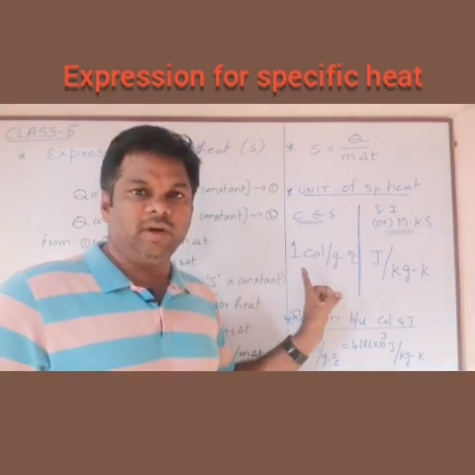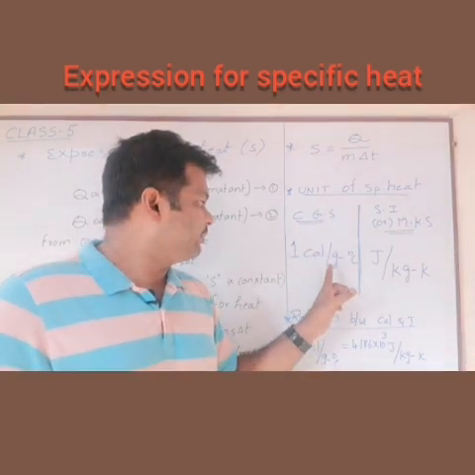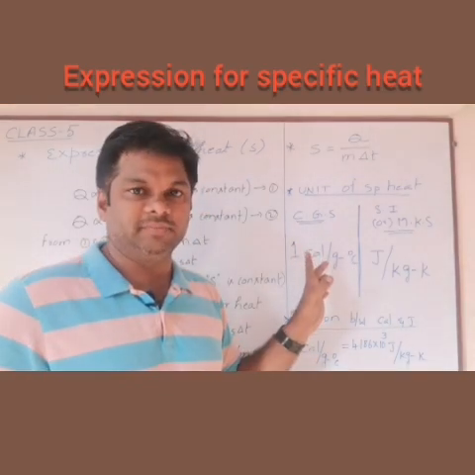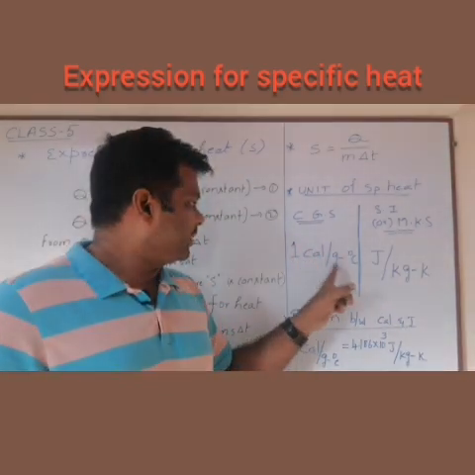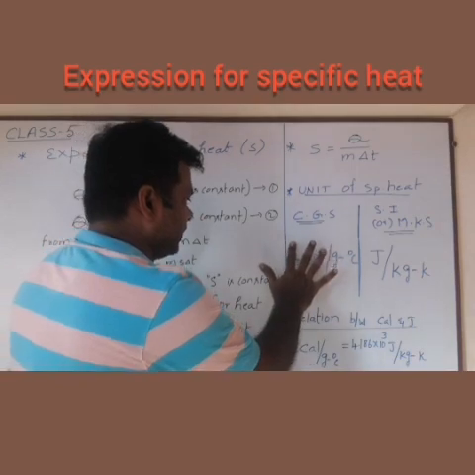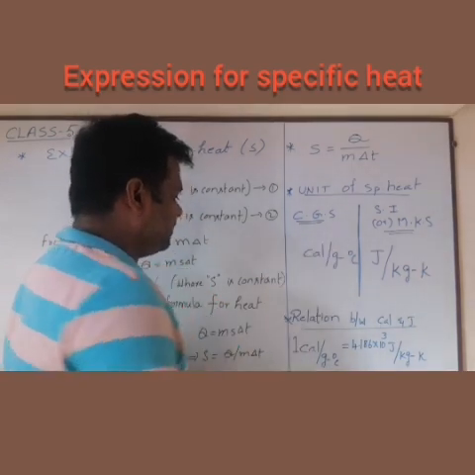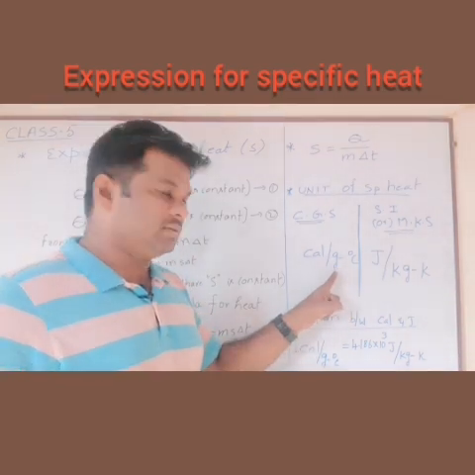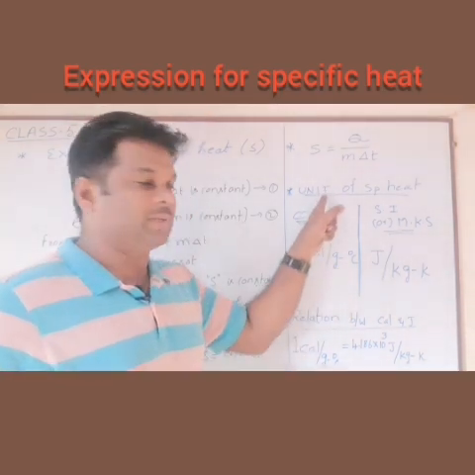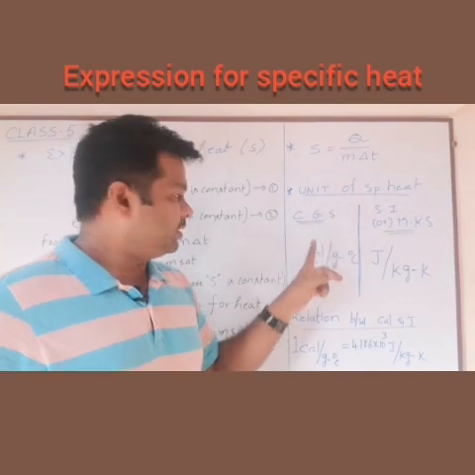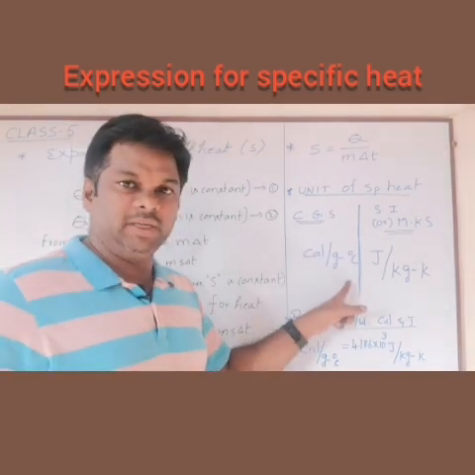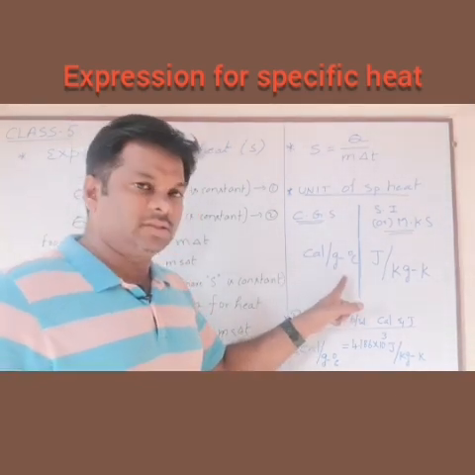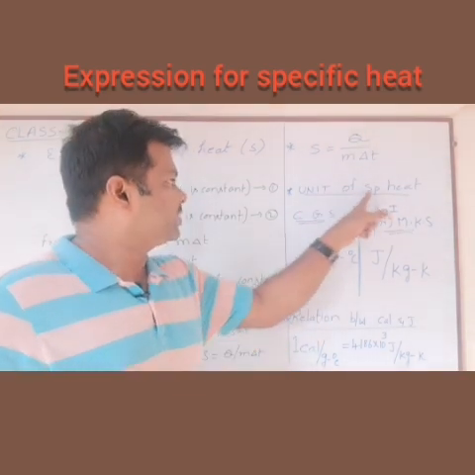The CGS unit is calorie per gram degree centigrade. Calorie per gram degree centigrade is the CGS unit of specific heat.